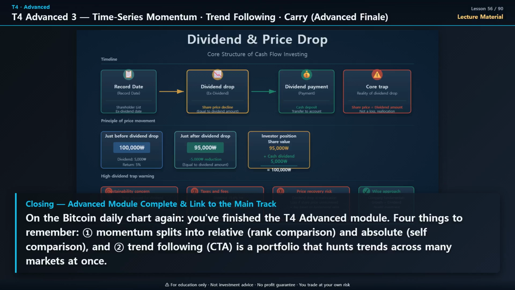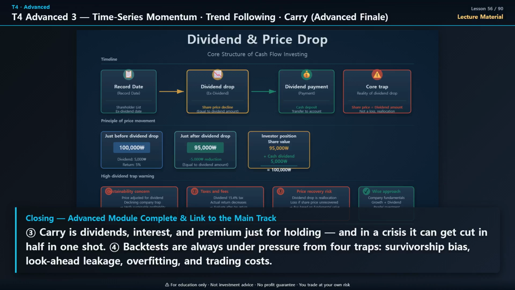On the Bitcoin daily chart again, you finished the T4 advanced module. For things to remember, momentum splits into relative, rank comparison, and absolute, self-comparison, and trend following, CTA, is a portfolio that hunts trends across many markets at once. Carry is dividends, interest, and premium just for holding, and in a crisis, it can get cut in half in one shot.